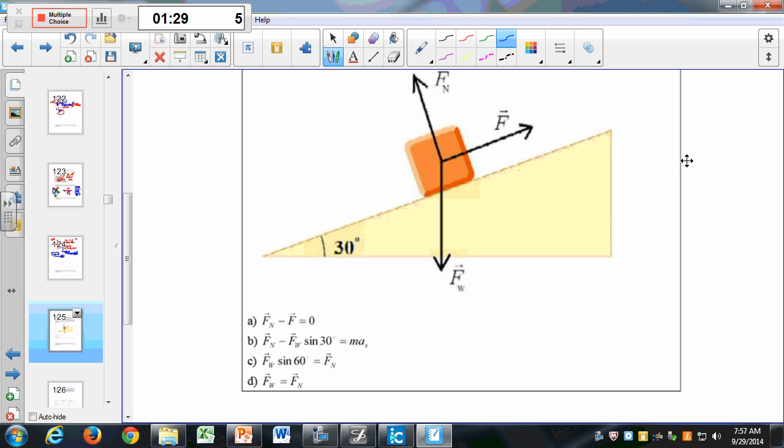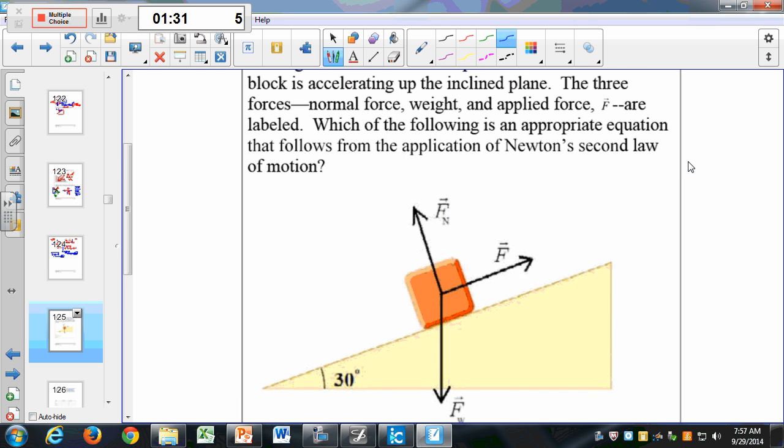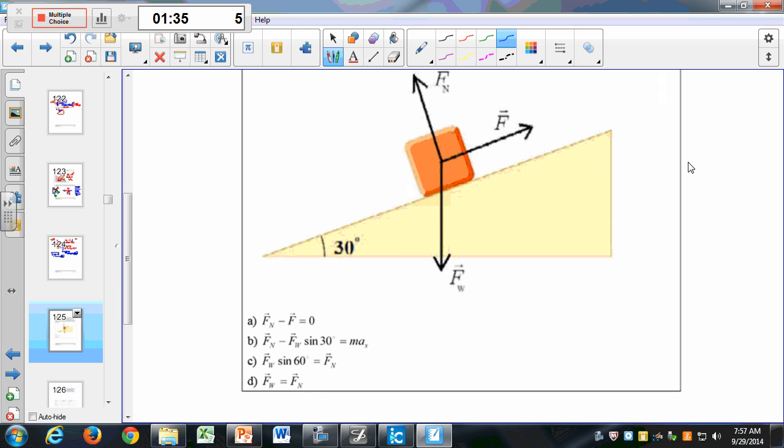Well, in this case, is it moving or not? It says the block is accelerating up the inclined plane. That would be in the positive x direction as we draw our coordinate system. Be careful with your angles here. Notice there's some 30-degree angles and 60-degree angles. So be careful on that.